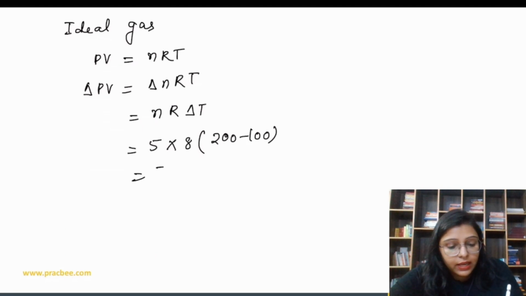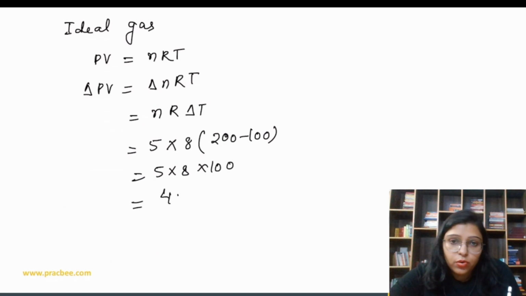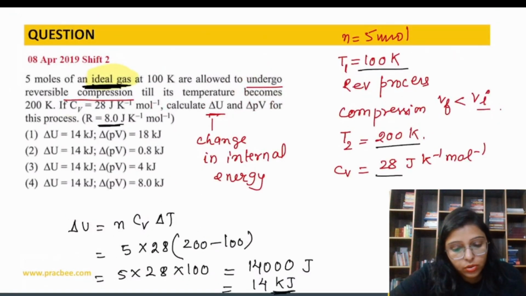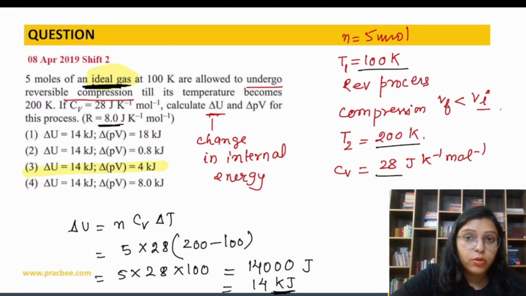So it is 5 into 8 into 100, which is equal to 4000 joule, or 4 kilojoule. If we see the options, option 3 is the correct answer. Delta U is equal to 14 kilojoule and delta PV is equal to 4 kilojoule.